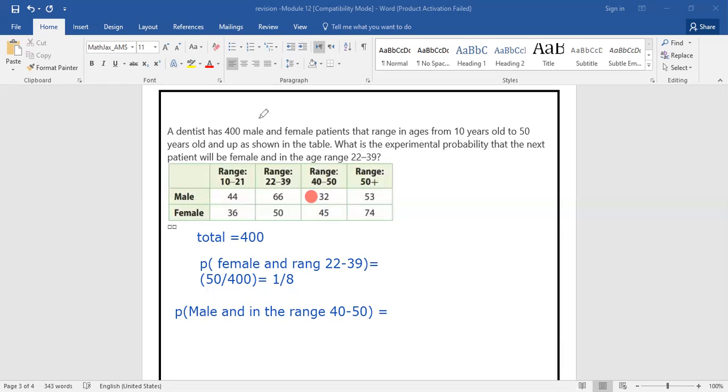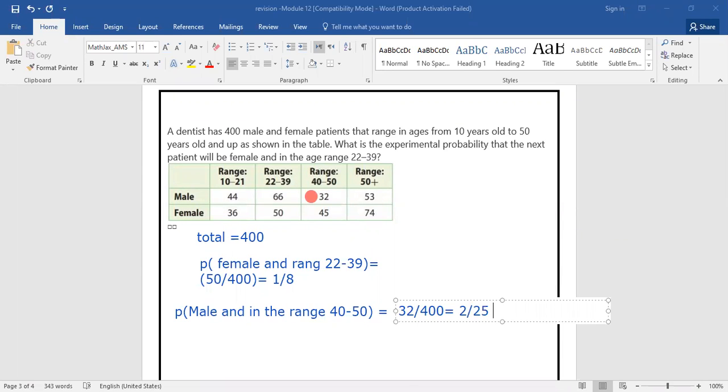So the answer, like Ruqayya said, we put 32 over 400. So the answer will be equal to 2 over 25.